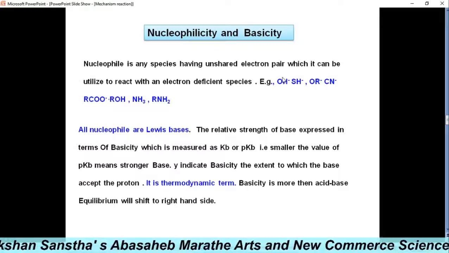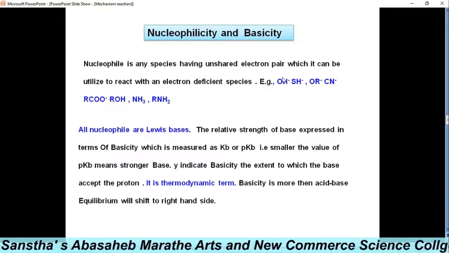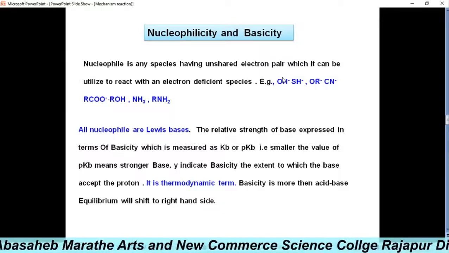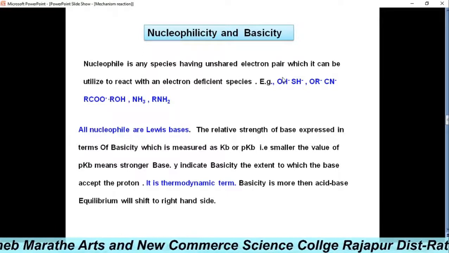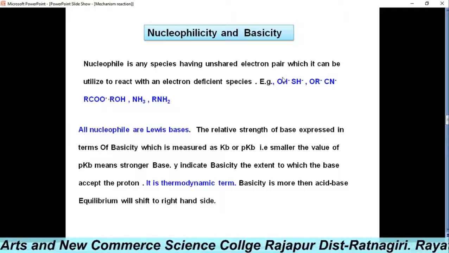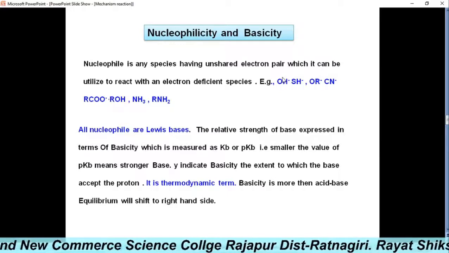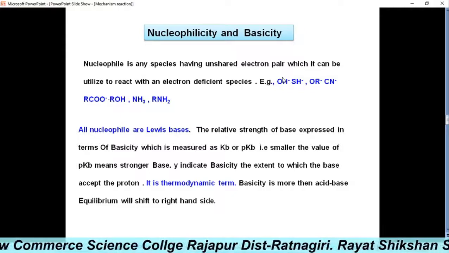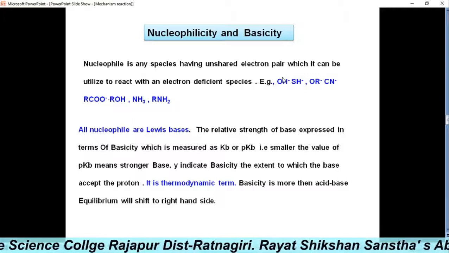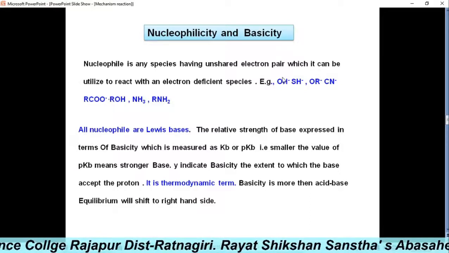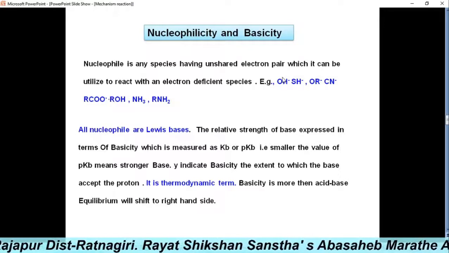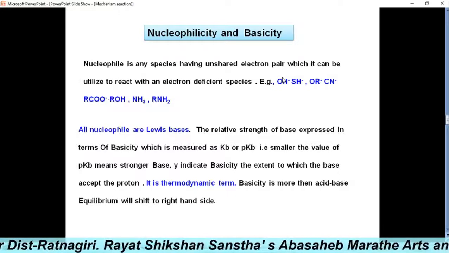Basicity indicates the extent to which the base accepts a proton. It is a thermodynamic term which affects the position of the acid-base equilibrium. If the basicity is more, then the acid-base equilibrium will be more towards the right-hand side.